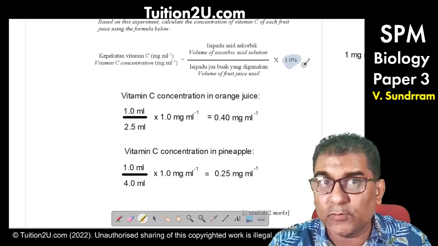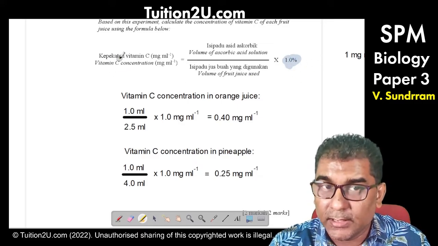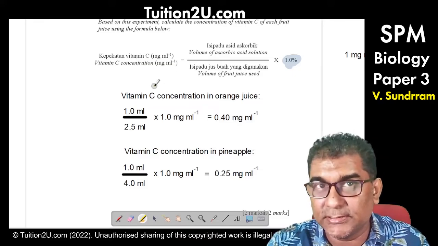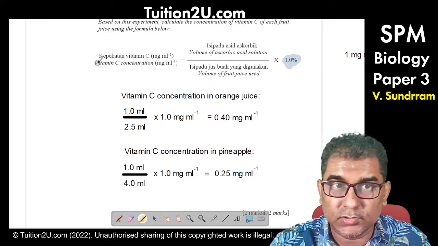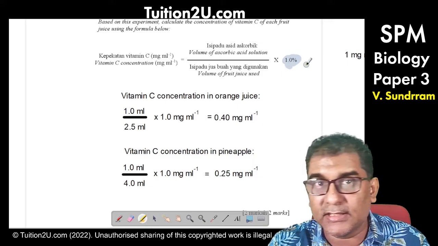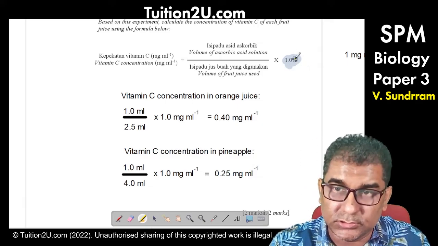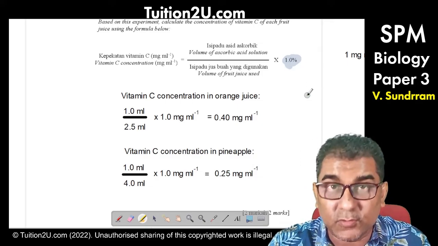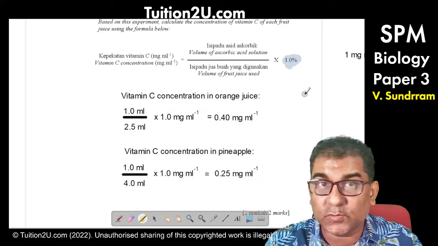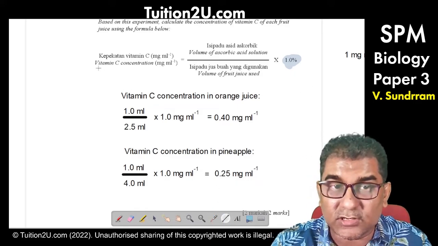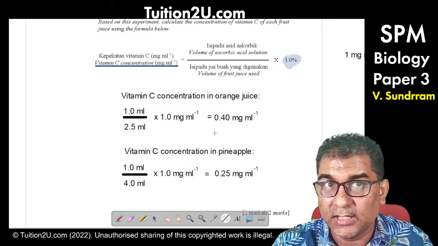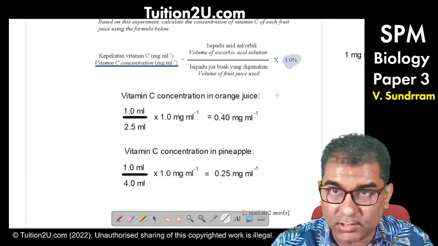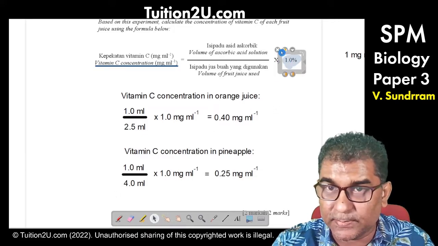So you times with 1% if you want percentage of vitamin C. So the heading here and the calculation is wrong. Here we want concentration of vitamin C.